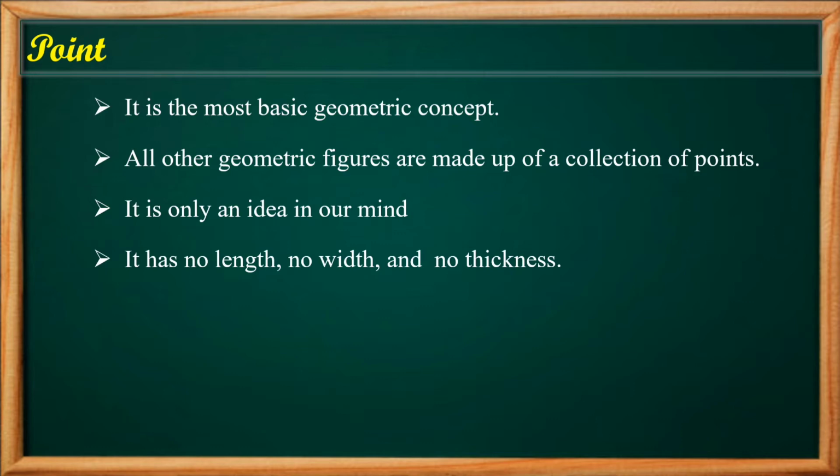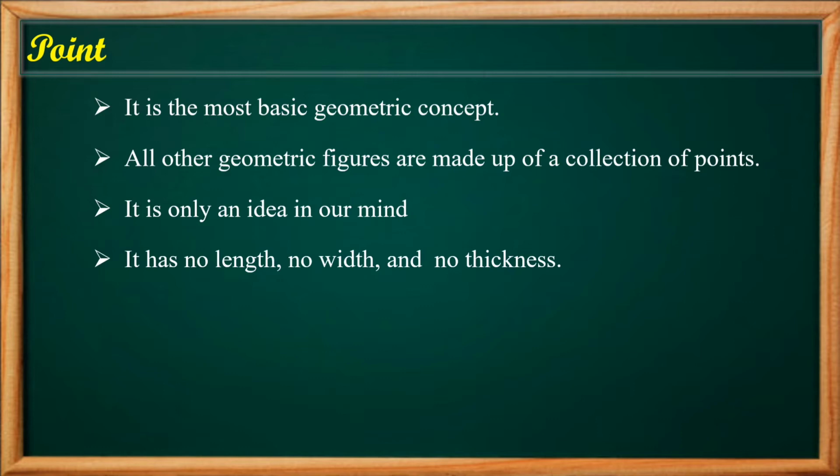Na ibig sabihin, lahat ng bagay na ating mahahawakan ay merong thickness. Okay. That is why point is only an idea in our mind. Kasi nga, sa isip natin, point yan. Pero sa totoo, hindi natin nakikita ano talaga yung point.